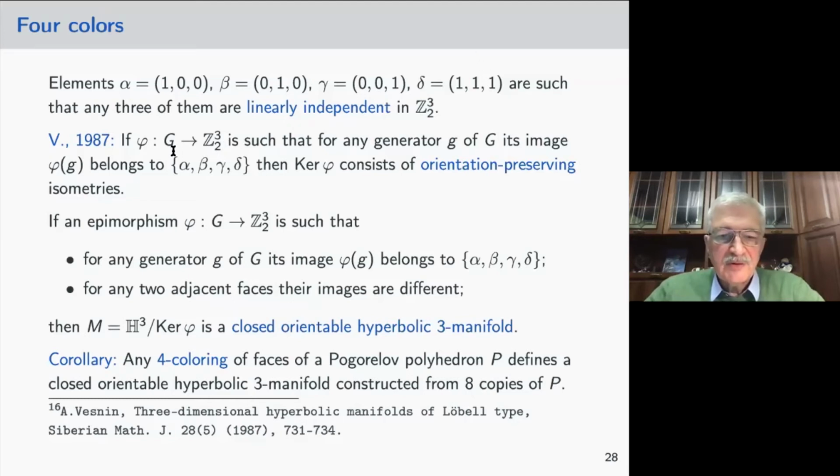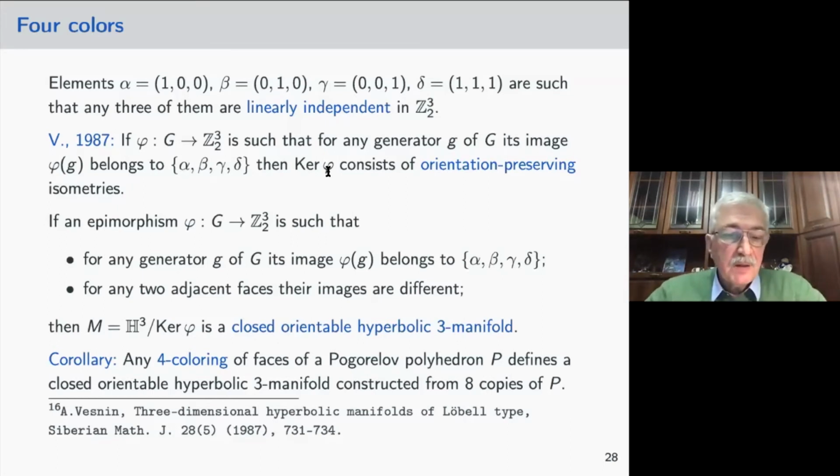Suppose the epimorphism is such that we send any generator of the group of reflections to one of these elements, alpha, beta, gamma, or delta, in such a way that no 2 neighbor generators go to the same element. So it corresponds to the usual coloring of the map in 4 colors. Under this condition, we get that the kernel is torsion-free and does not contain rotation reversing elements.